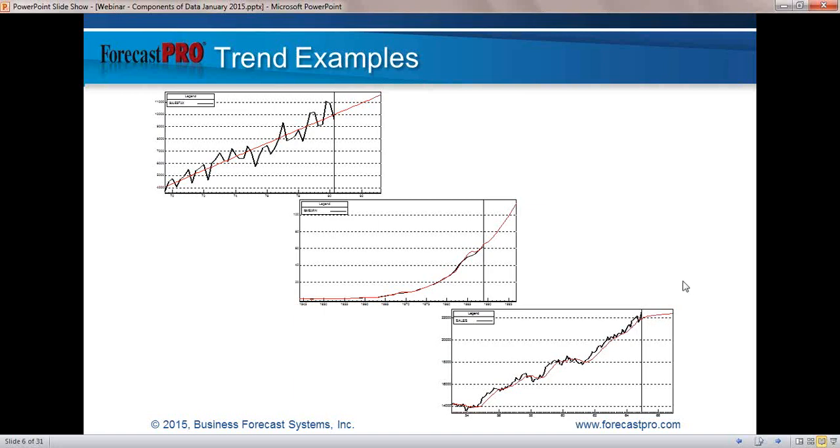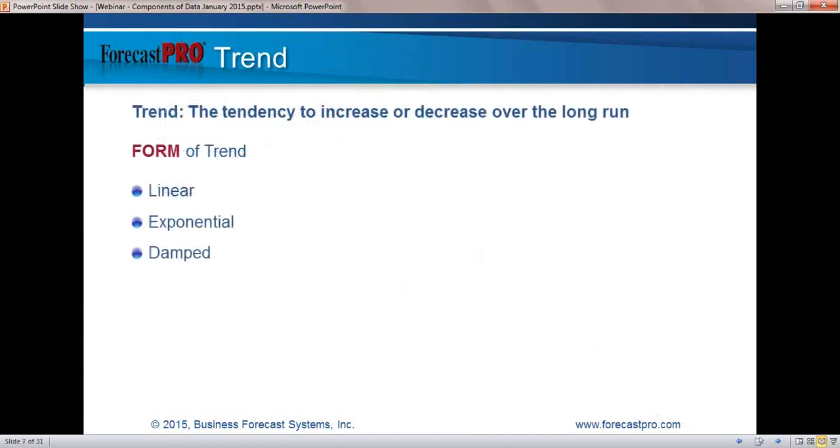So again, what we're looking at is different types of trends, and specifically at the form of the trend. And these are the common ways to extrapolate trends from historic demand: as a straight line or linear trend, as something that's growing as a percentage of itself, an exponential trend, or in a damped fashion, one that starts off linear and dies out with time.